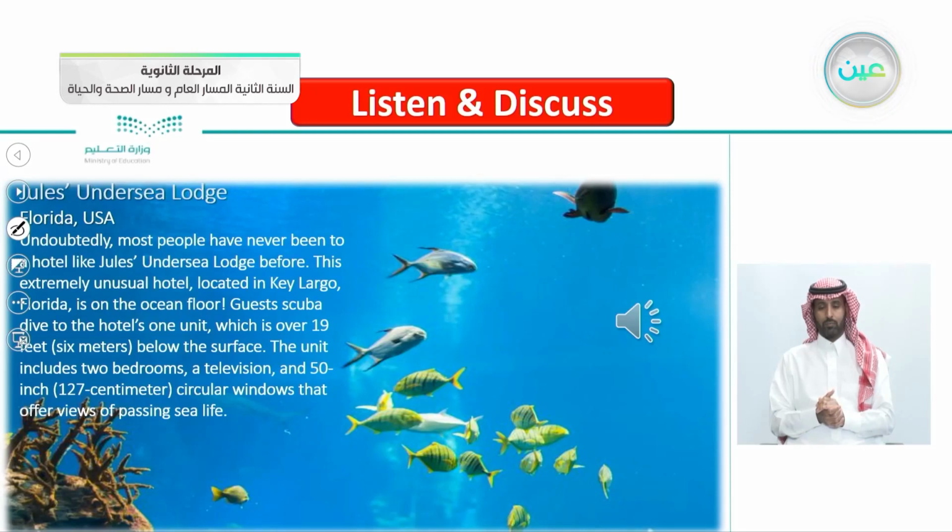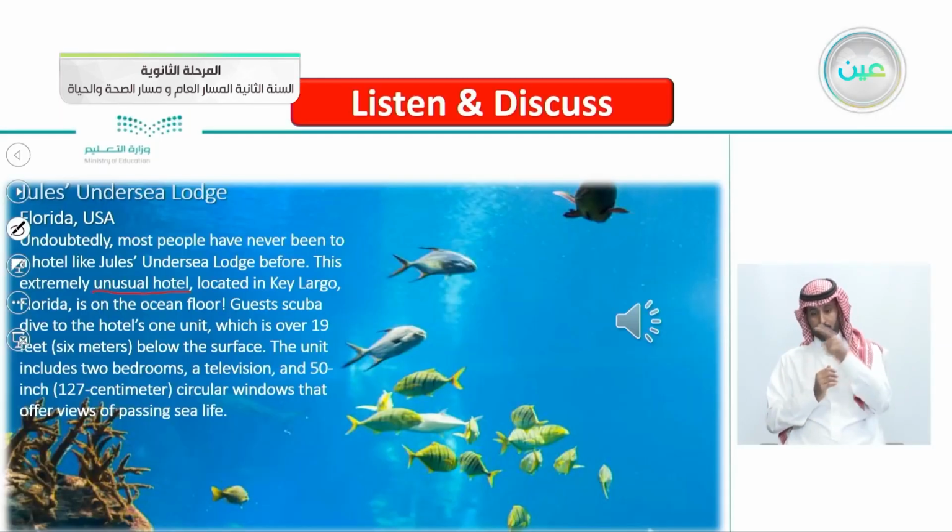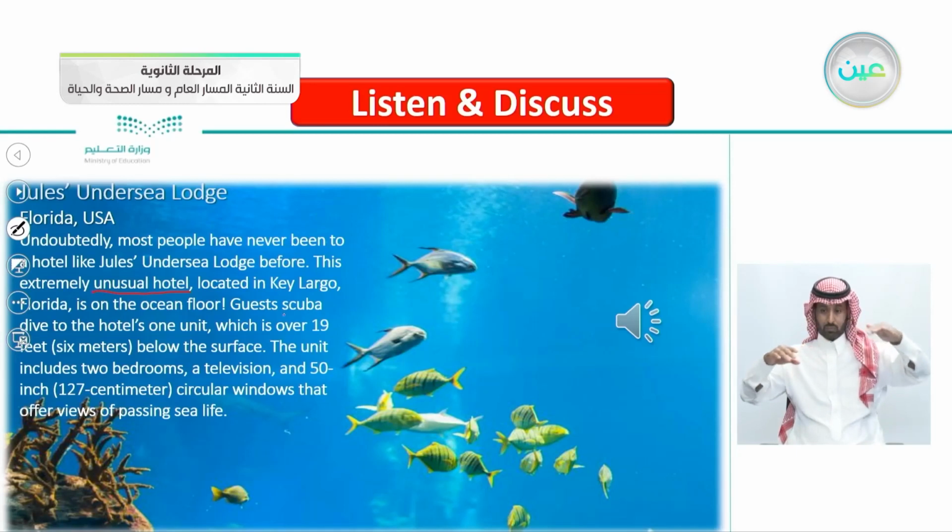So here he's talking about Jules Undersea Lodge Hotel, which is, as he said here, an unusual hotel. Of course, this is unusual, to be sleeping in a room under the water. So guests have to scuba dive to the hotel's one unit, which is over 6 meters under the water, below the surface.